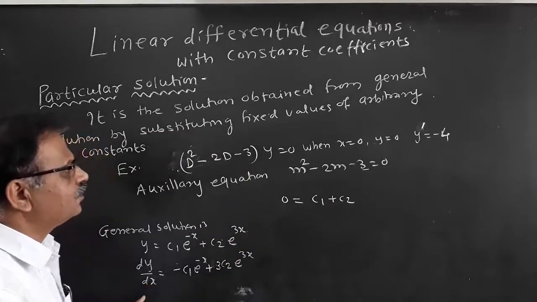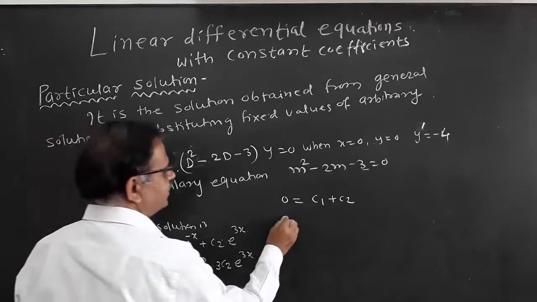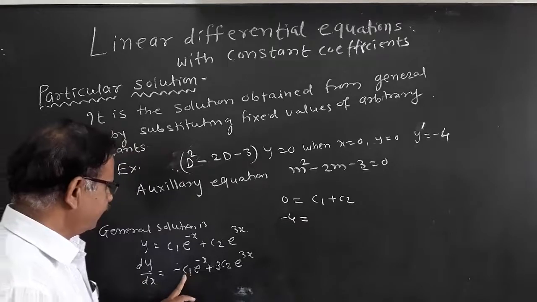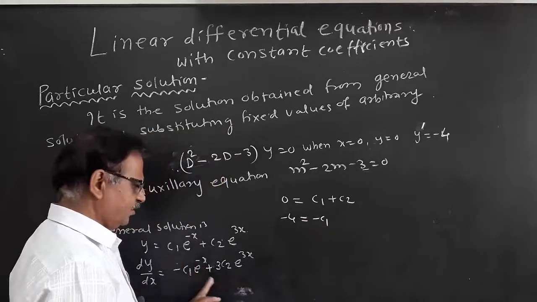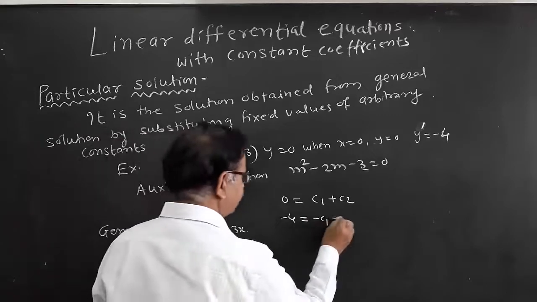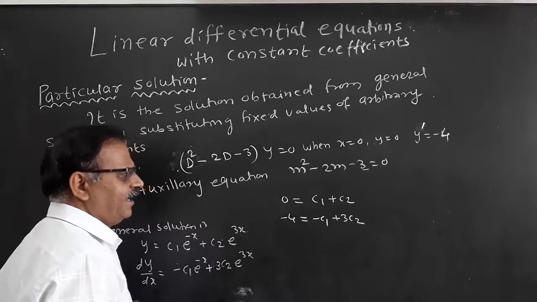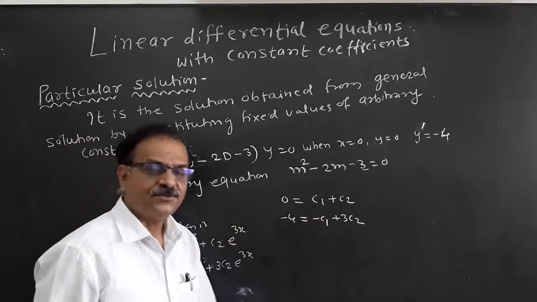Now when x equal to 0, y dash is minus 4. y dash means this dy by dx. dy by dx is minus 4 when x equal to 0. Therefore minus c1 e raised to minus 0, which is 1, plus 3c2 into e raised to 0, that is 1. We shall solve these two equations simultaneously for obtaining the values of c1 and c2.